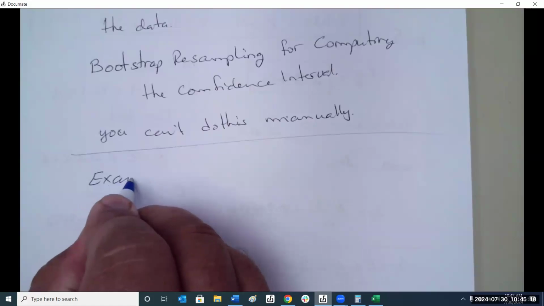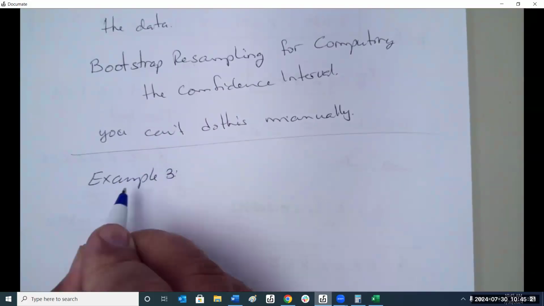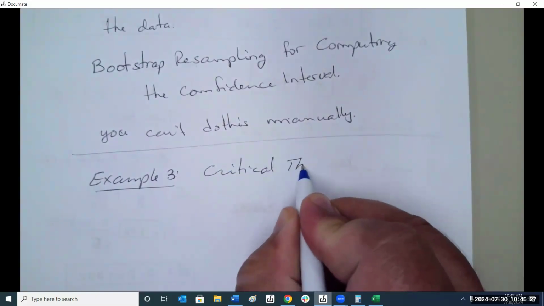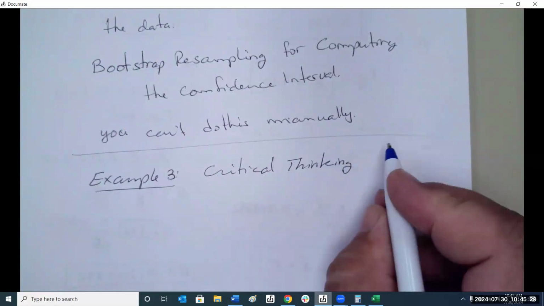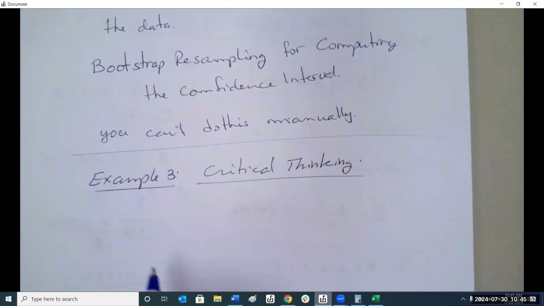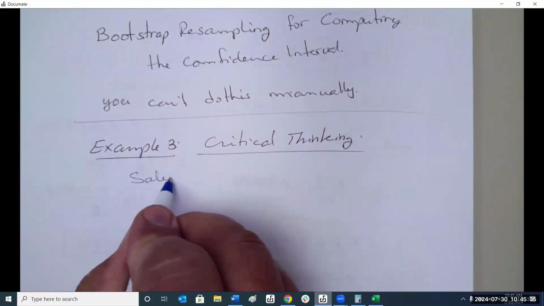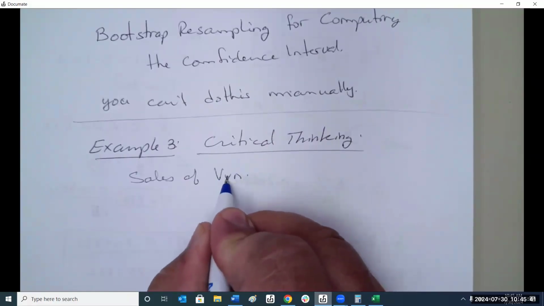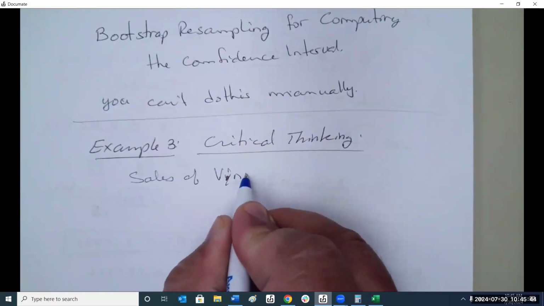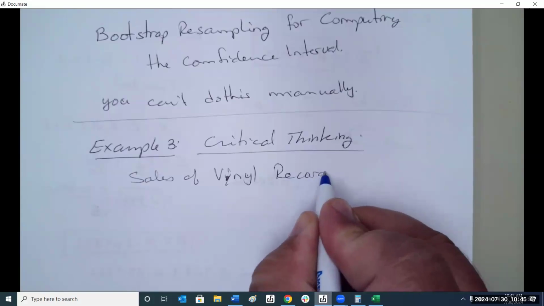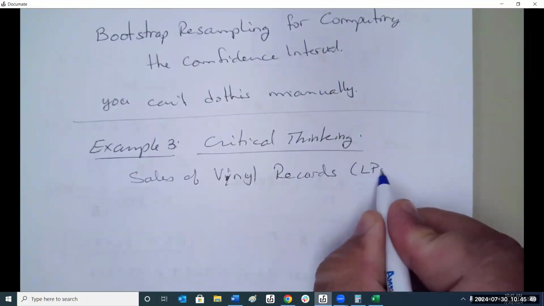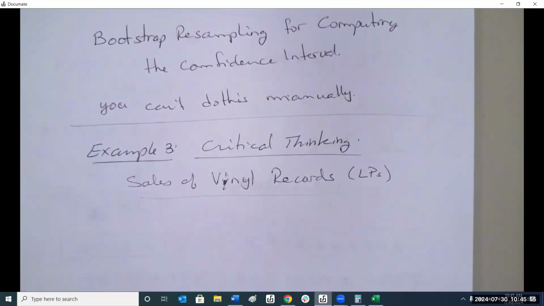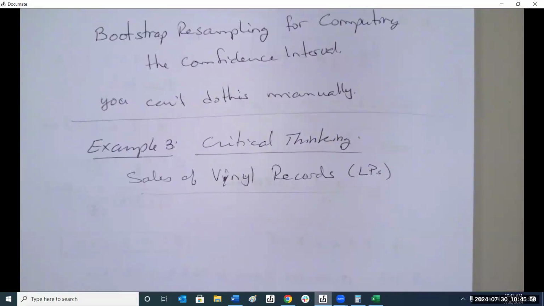Here's an example. Critical thinking. Sales of vinyl records, which are called LPs for long playing. The example says this: the sales numbers are listed below.